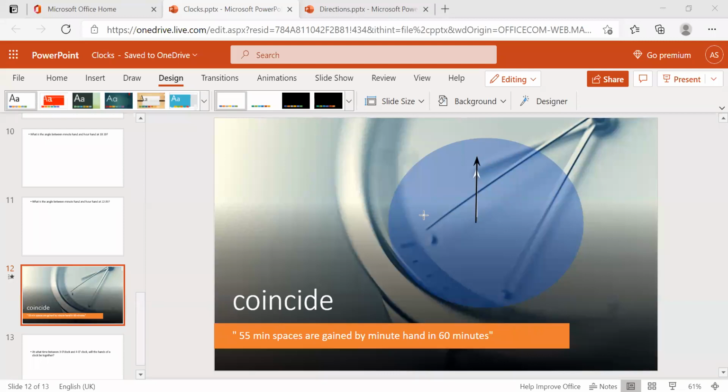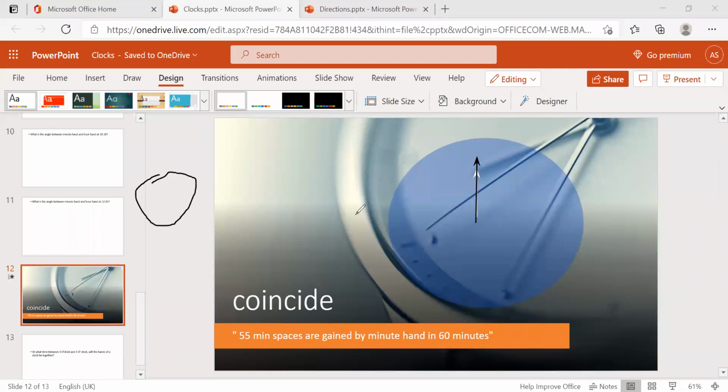That means both hands are in a single line, same line, coinciding, together, overlapping. So what is the angle between these two? It is 0 because they are overlapping.